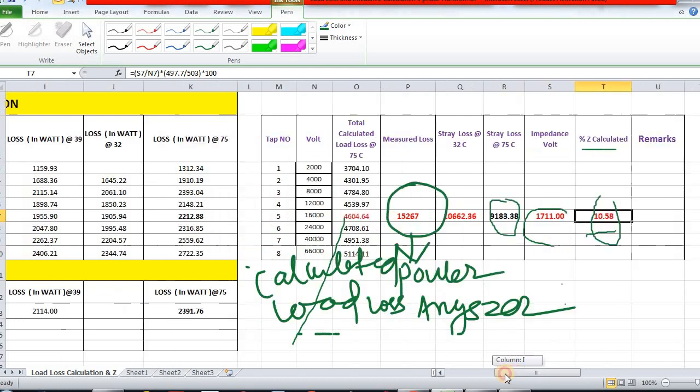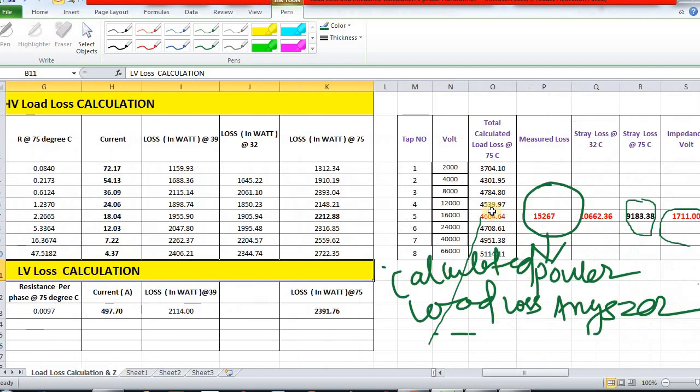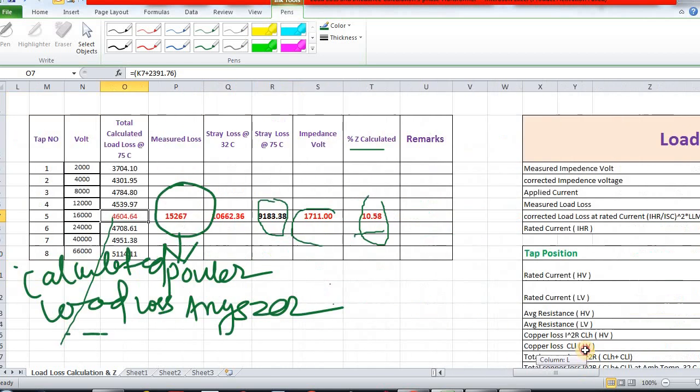In this way you can calculate the load loss of the HV winding and the load loss of the LV winding, then combine them and check which tap has the maximum losses, then calculate the measured load loss and find the stray load loss. Stray loss will be measured loss minus the calculated load loss. Then you can find out the percent impedance.